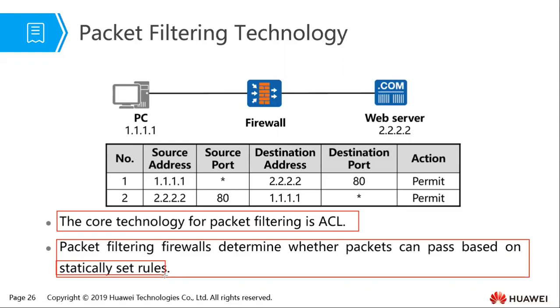What that means, for example, is that here we have two rules. Let's interpret rule 1 here. We are saying if a packet has a source address of 1.1.1.1, which is the address of PC1 here, for example, and the source port is any port number, so when you have a star, we mean any port number, and the destination address is 2.2.2.2, and the destination port is 80, then permit that packet.